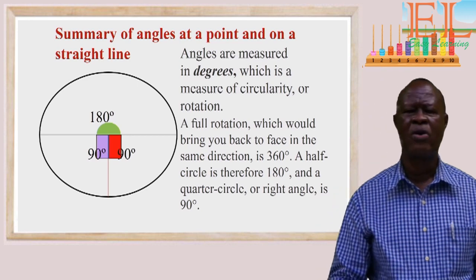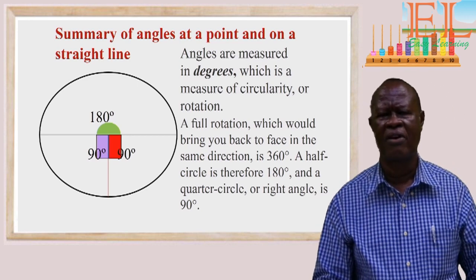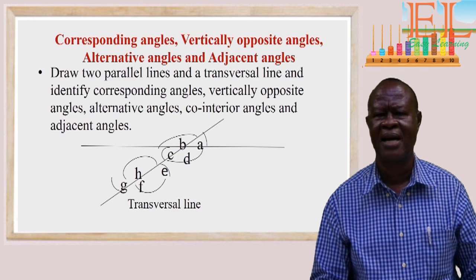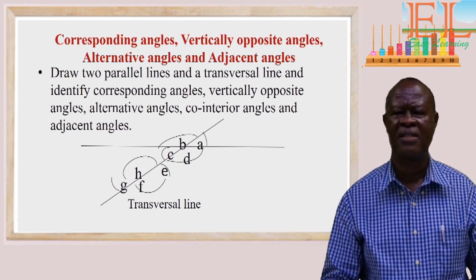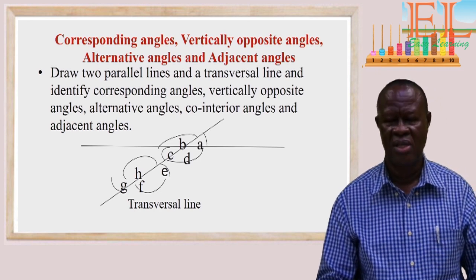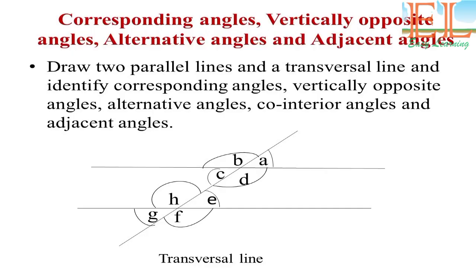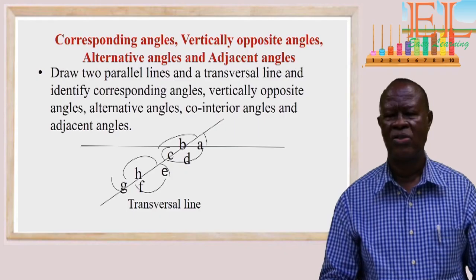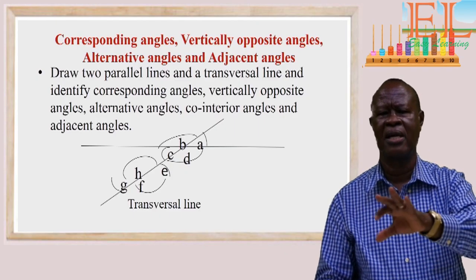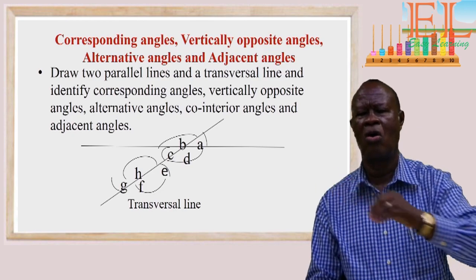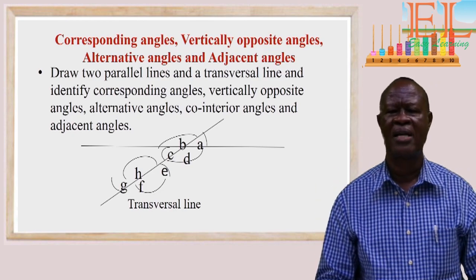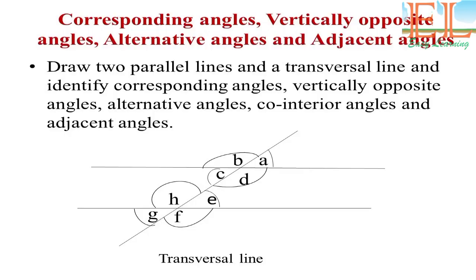Now, we move on to develop the concept of corresponding angles, vertically opposite angles, alternate angles, and adjacent angles. And from the activity we did with the broomsticks, that is the drawing we have on the board, students can use the broomstick activity to draw this, and they will get these values there.